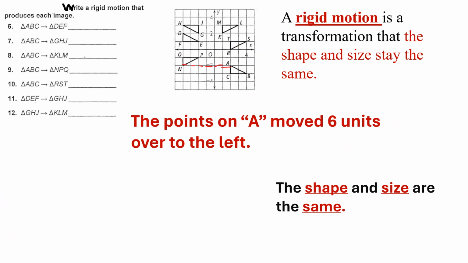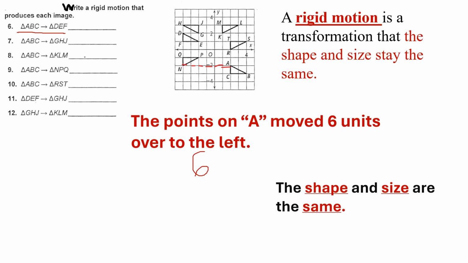So let's get that. Okay, now you need to write a rigid motion, because they're asking you what the transformation was. Well, you did move 6 units over. How'd you move 6 units over? Count these lines. 1, 2, 3, 4, 5, 6.